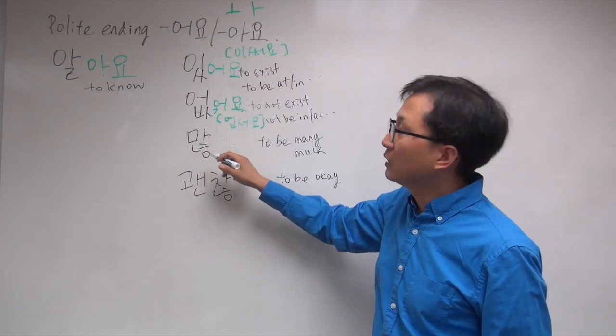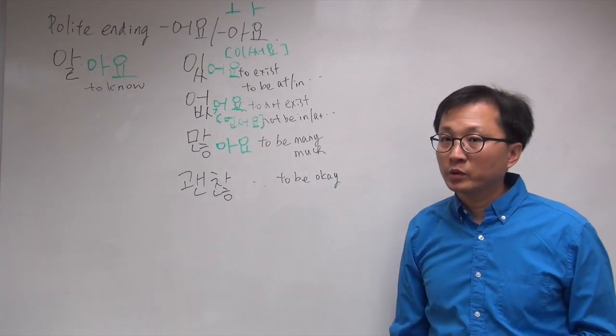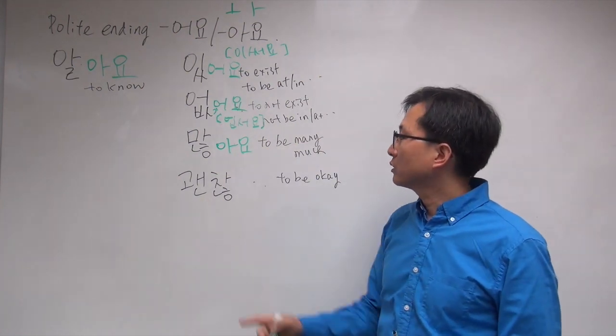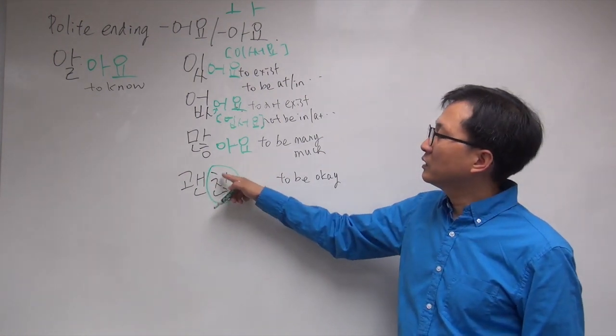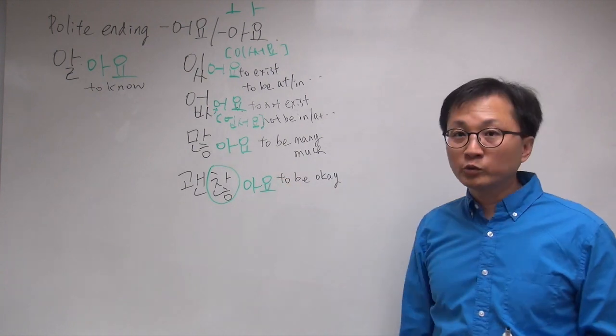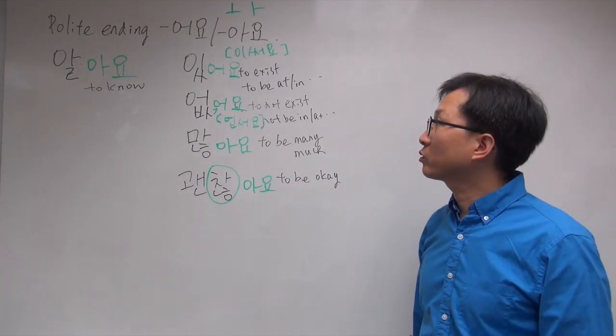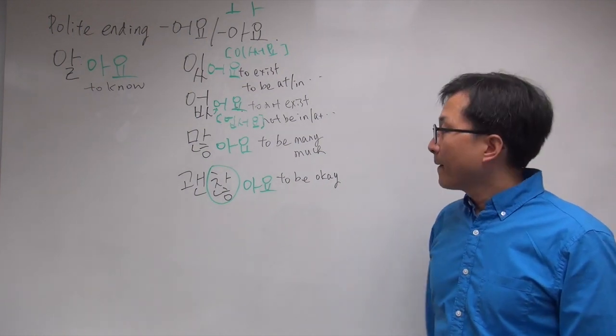Yes, it has A. 많아요. 괜찮다, the last syllable has A. 괜찮아요. So I assume that you know how to conjugate Korean verbs and adjectives in a simple way, right?